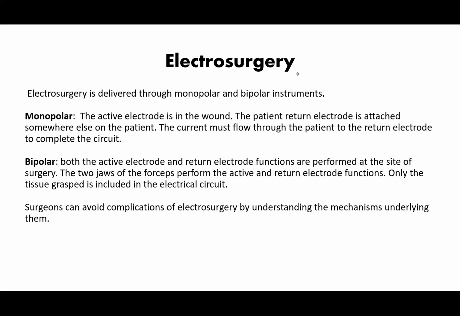When you place that on the patient, the current flows through the patient and it is received at the diathermy part, or the indifferent electrode or the return electrode returns that to the generator to complete the circuit.